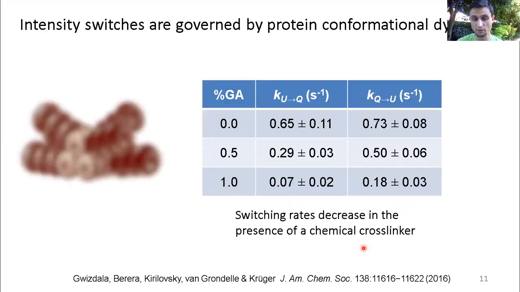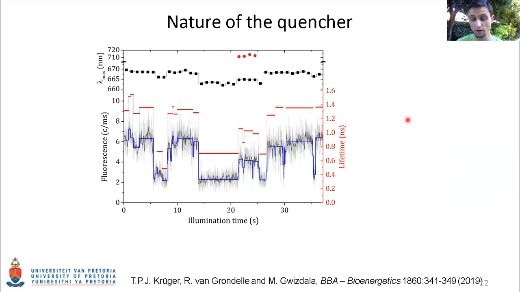First, when you increase the amount of glutaraldehyde, a chemical crosslinker, the switching frequency decreases significantly for both types of switches, indicating that the intensity switches are governed by protein conformational dynamics. Secondly, by simultaneously measuring fluorescence spectra, we observed a fascinating phenomenon.